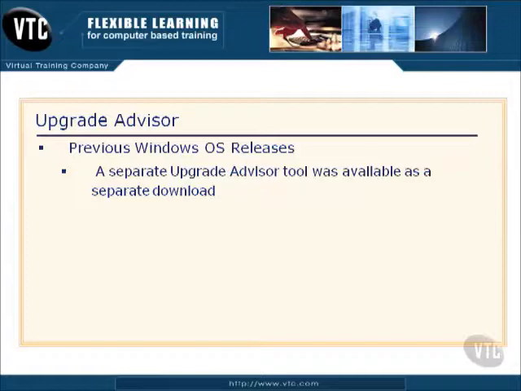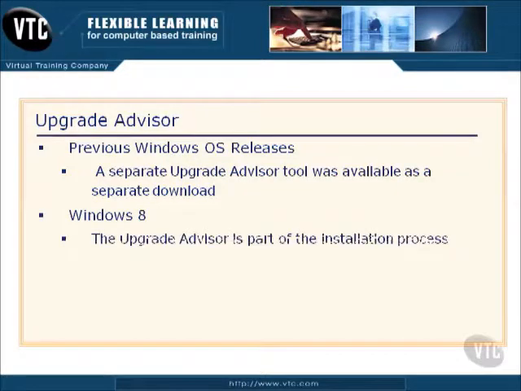You could run this tool and it would tell you what aspects of your current setup, your current computer, might be a problem with the new operating system. For Windows 8, Microsoft is advising that the Upgrade Advisor is part of the installation process, and it runs automatically as you install Windows 8. And so they're maintaining that there's not going to be a separate Upgrade Advisor tool released.